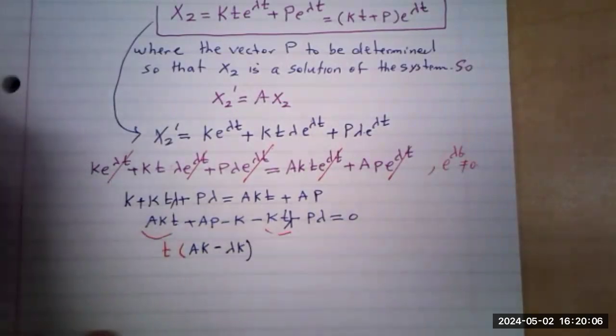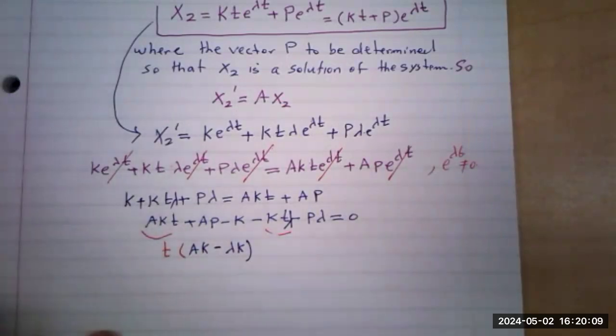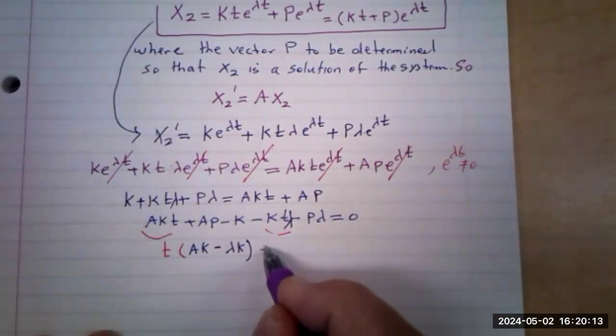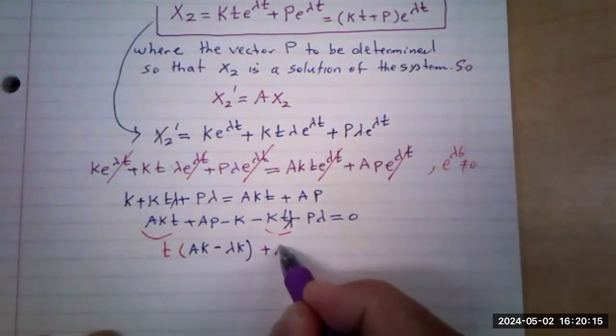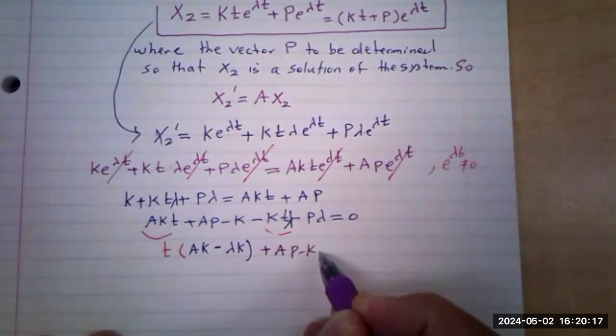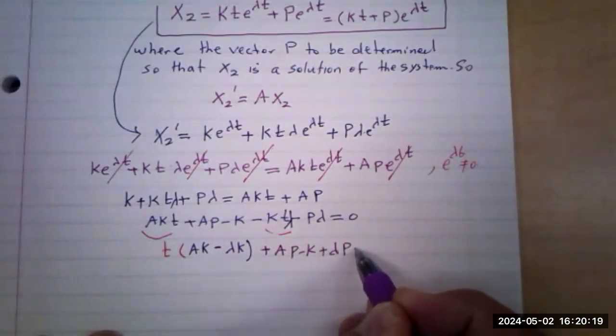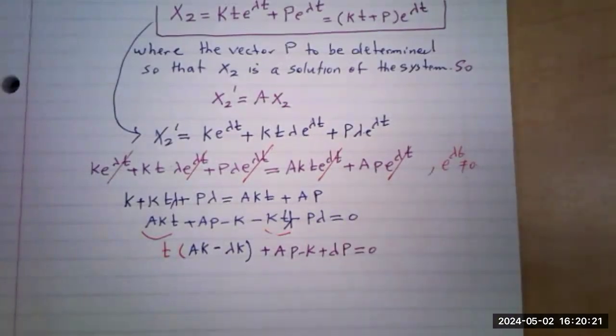And the rest I just write down together: a p minus k plus lambda p equal to zero.